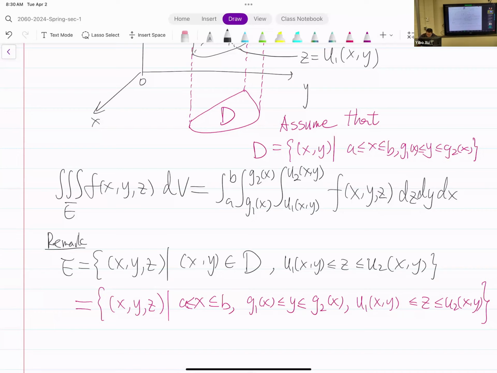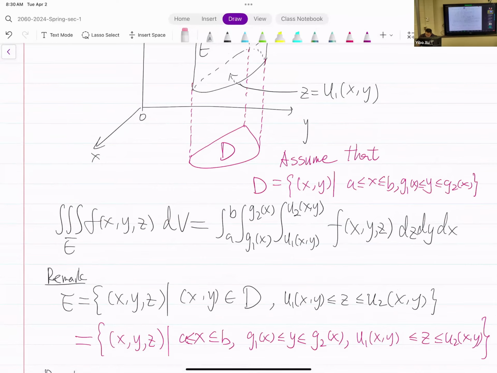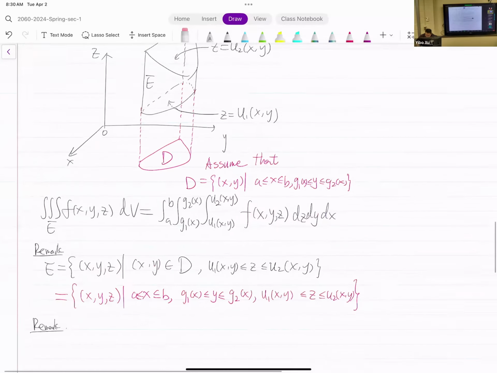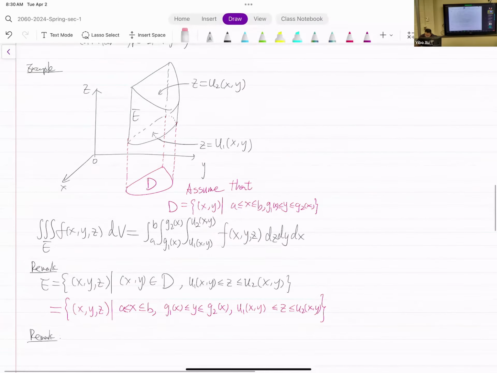Right, so now the next remark. Here we started with this figure. Let's zoom out a little bit. In this figure, we have a solid.